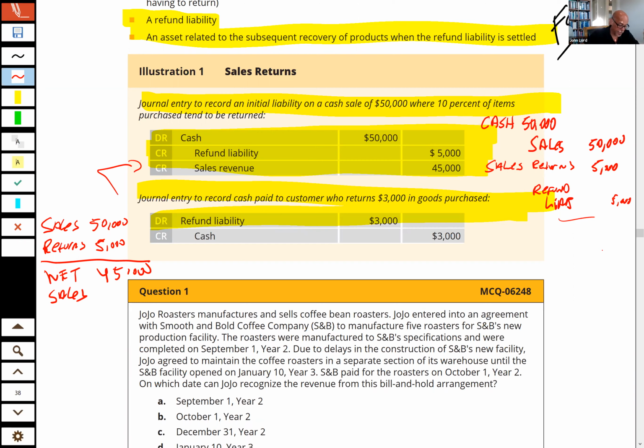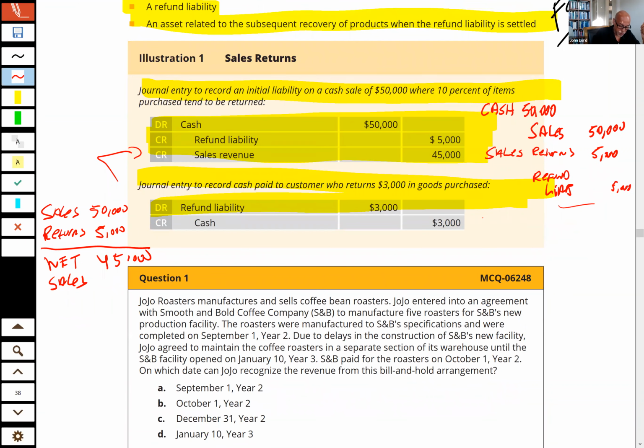And then of course, if there's an actual return now, then you can go ahead and debit your estimated sales returns. So this would be estimated sales returns. And that's what you can go ahead and then credit your estimated sales returns. And so the way you're suggesting doing that, is that like a contra revenue account, or what type of account is that?